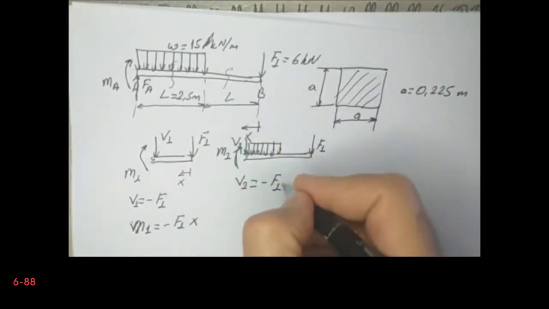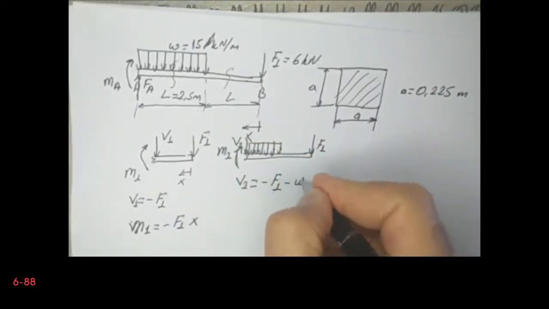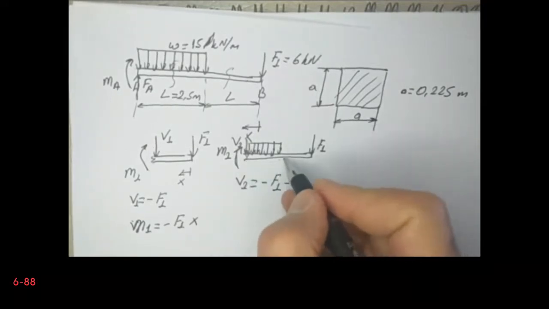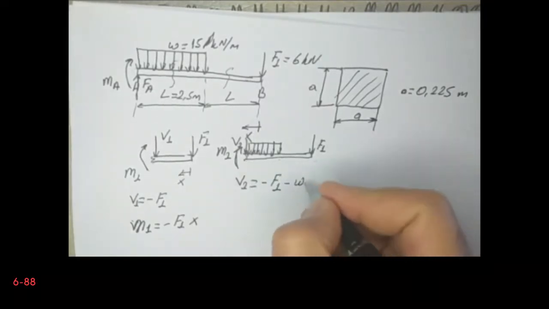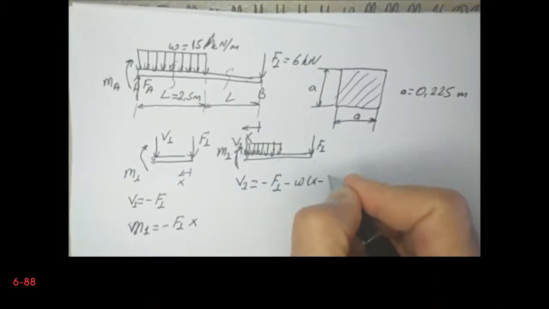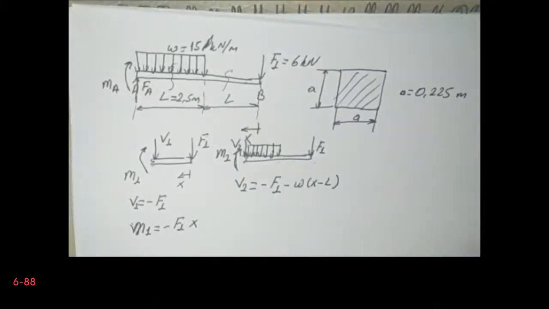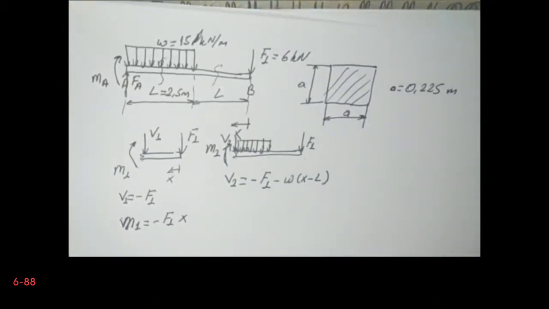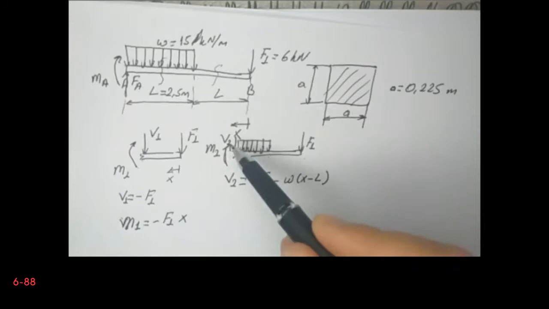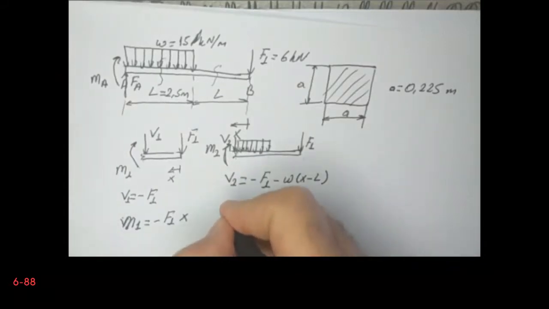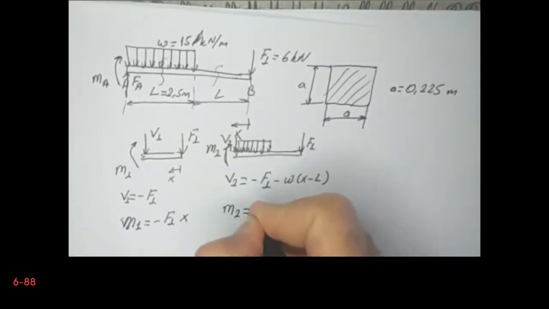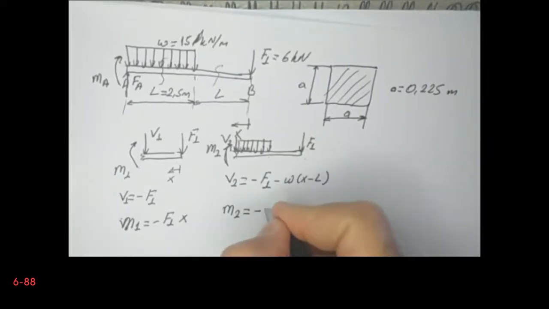minus W. This length is X minus L. So this is the shear force V2. M2 is equal to minus F1 multiplied by dx.